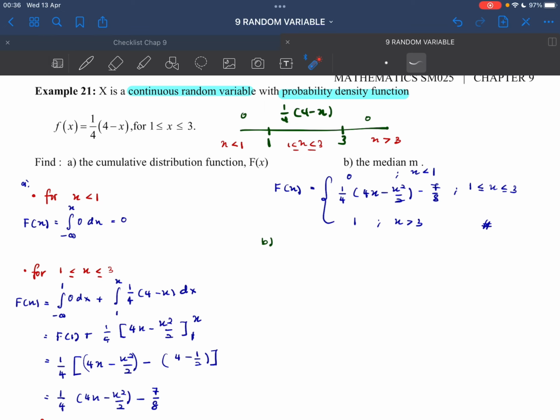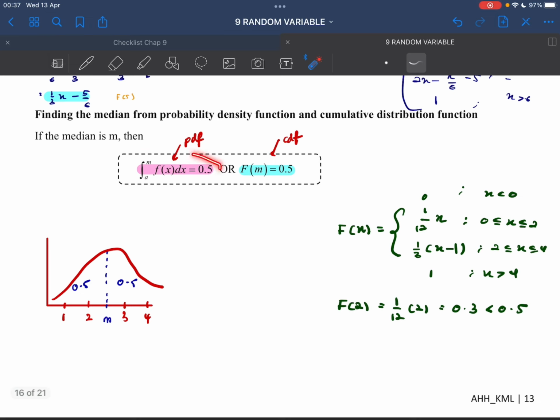If the question asks you to find your CDF and then says hence find the median, you have to use F(M) equals 0.5, from what you have already found in question A. But if the question doesn't say anything, you are free to use both of these formulas. Either one, not both.